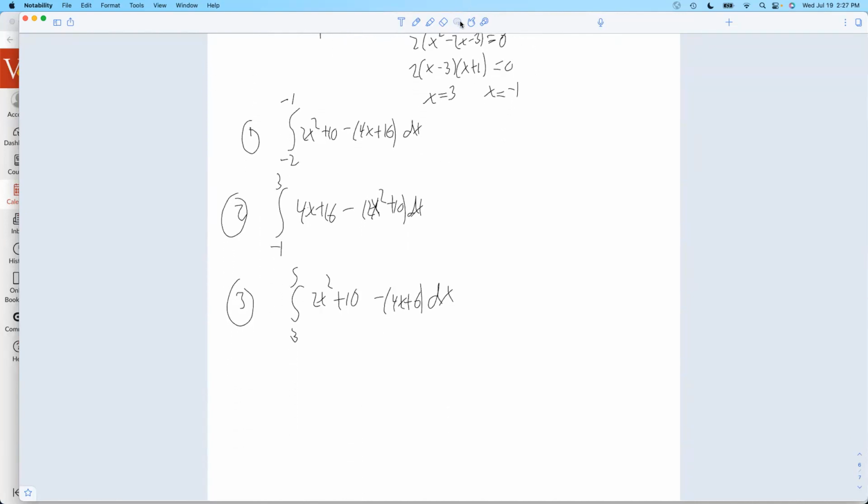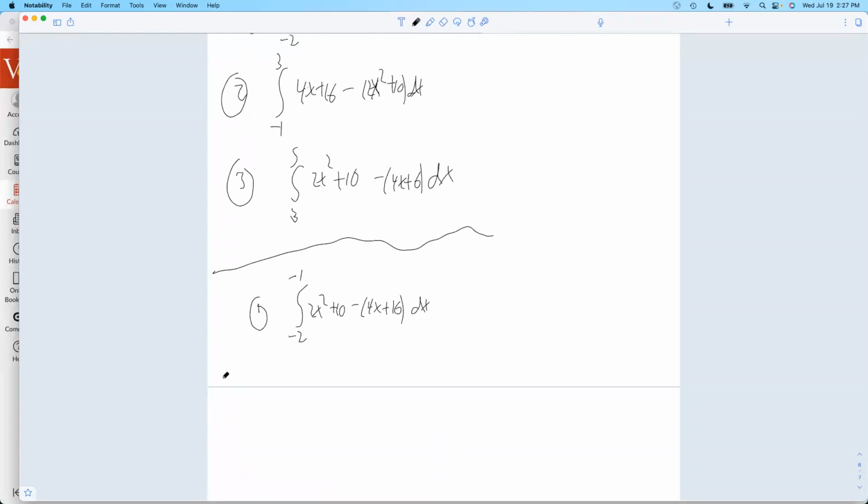Okay, now let's work each of these out. We'll see if I can copy and paste this. All right. And from this point on, it really is just doing 3 different integrals and adding them together. Remember, each one better be a positive answer or you've done goofed.